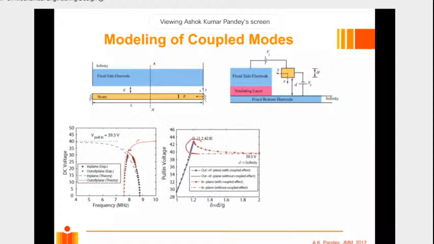Generally what happens whenever you apply VDC, after some time this will stick to the substrate, that is called the pull-in effect. So if you are operating with the help of the coupled mode, you can delay that, you can increase this pull-in voltage, and that is a very interesting observation.